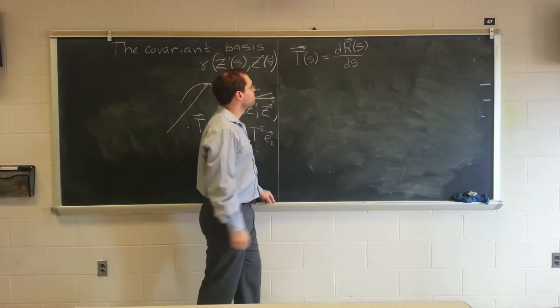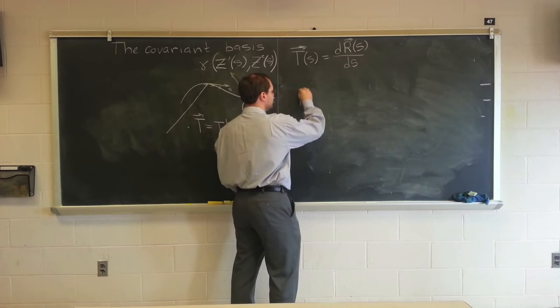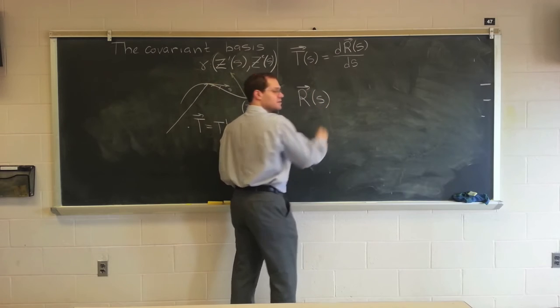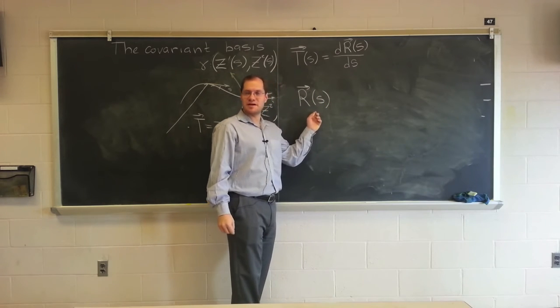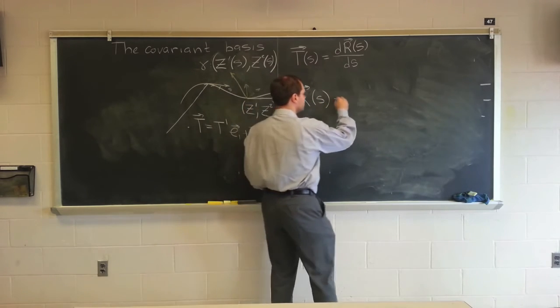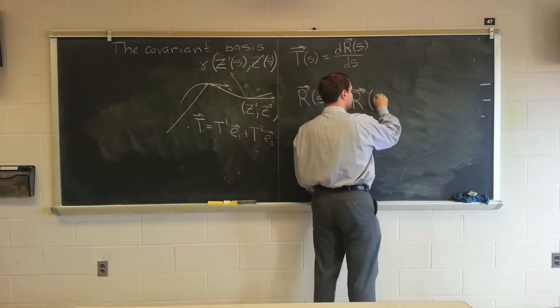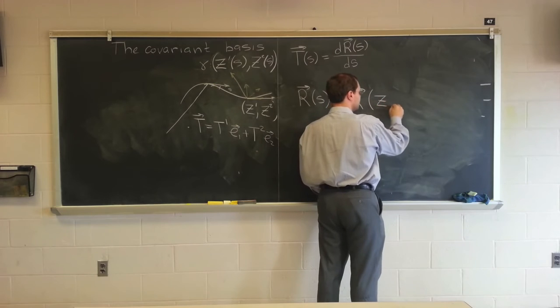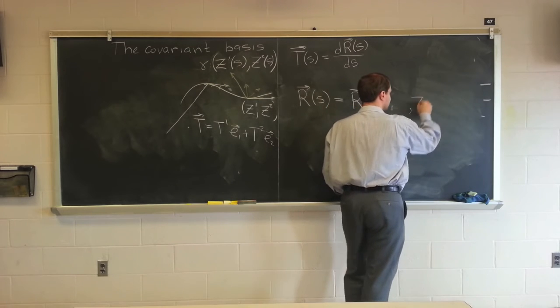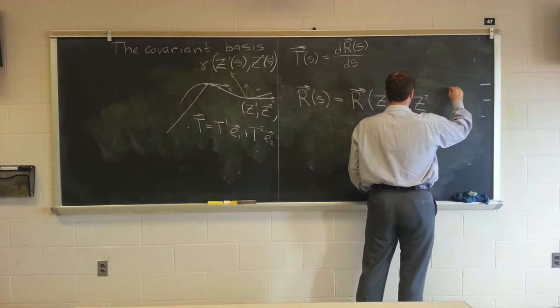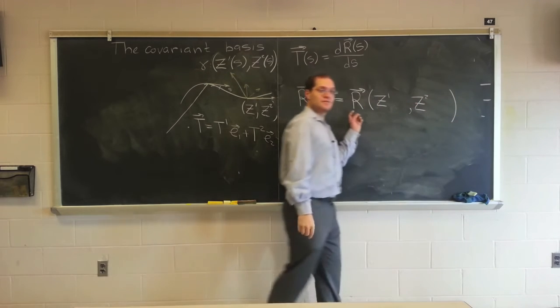Okay. And I will write it here, but then substitute it there. But R of s can be expressed as a composite function, where you express R as a function of Z1, Z2.